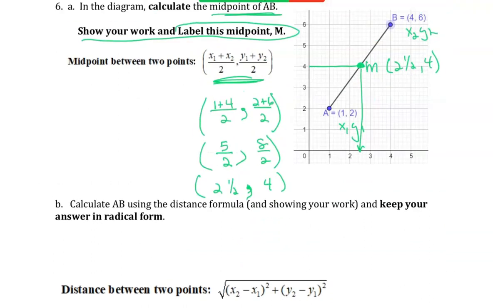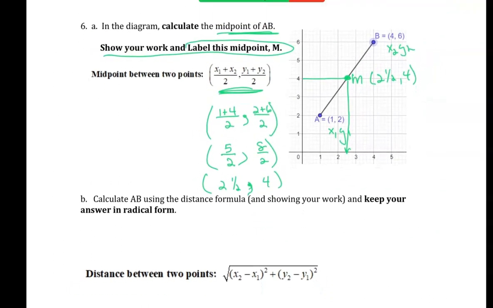Then they say, use those same 2 points and figure out the length of this. Okay, so I'm going to use this formula to figure out the length. I'm going to write my points down here. So I have 1, 2, that's x1, y1, and I have 4, 6, that's x2, y2.